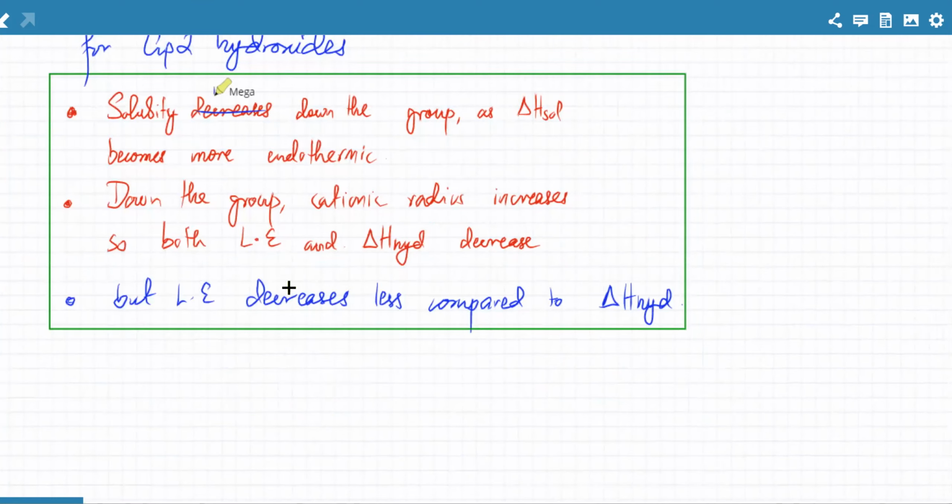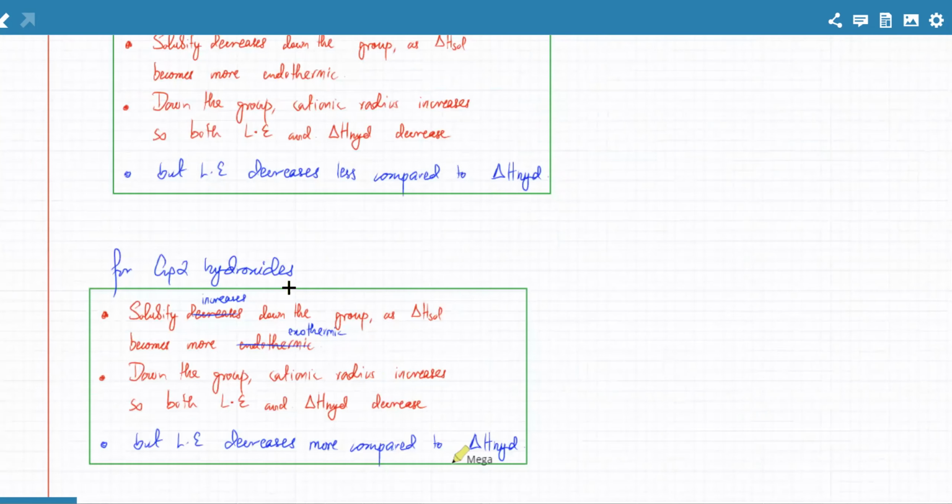Why? Because it becomes more exothermic, and down the group the cationic radius increases, so both lattice energy and enthalpy of hydration decrease. But because it's becoming more exothermic, lattice energy decreases more compared to enthalpy change of hydration. Are the two explanations clear?